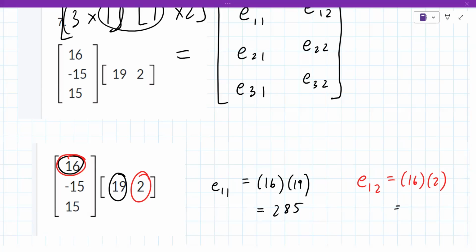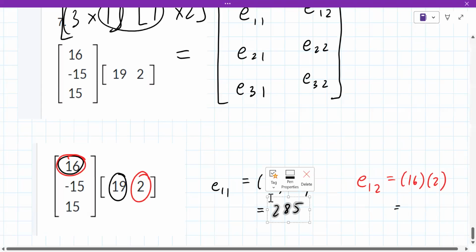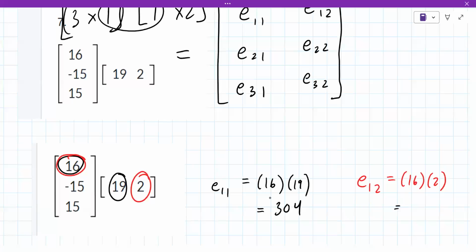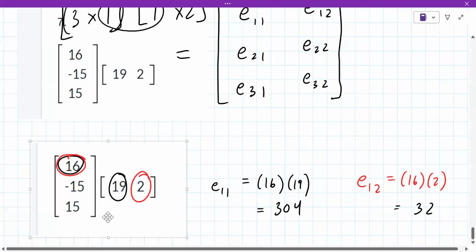So I actually messed up already. 16 minus 15, 19, 2. There we go. This first one is actually 304. That's why it's always good to check me. 304, and this one is 32. Good. Okay, so those are the first two entries.